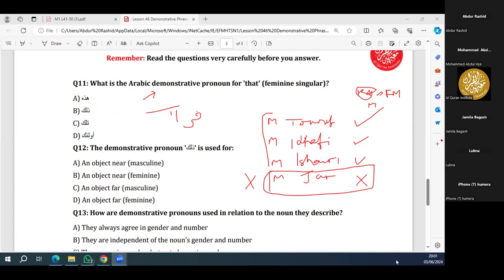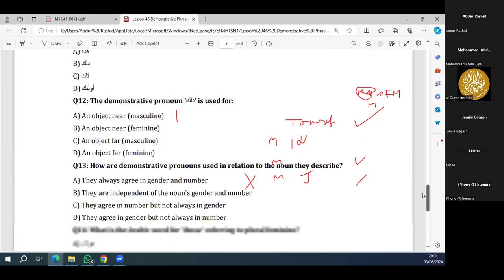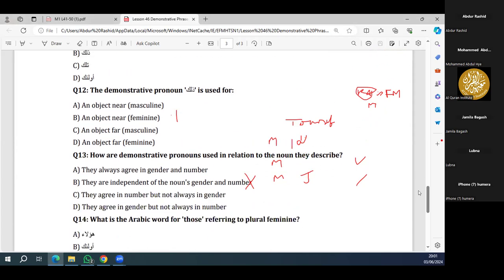Question number 12. The demonstrative pronoun dhalika is used for A, an object near masculine, B, an object near feminine, C, an object far masculine, D, an object far feminine.